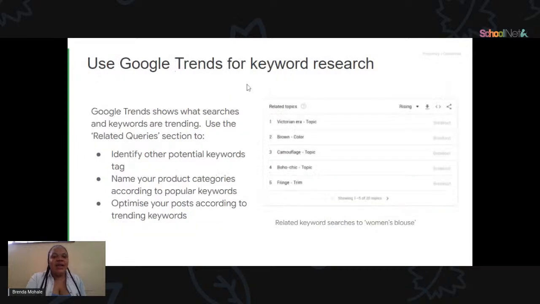So right now, let's talk about using Google Trends for keyword search. When we are talking about the keywords, one of the topics we normally cover is how people find your product, or what is relevant to your product.